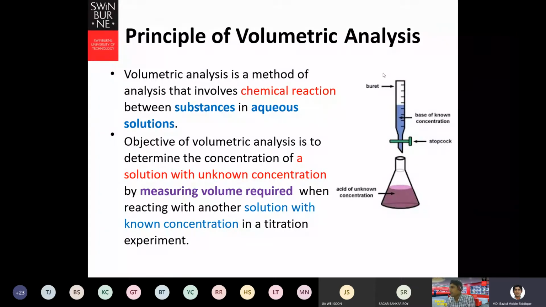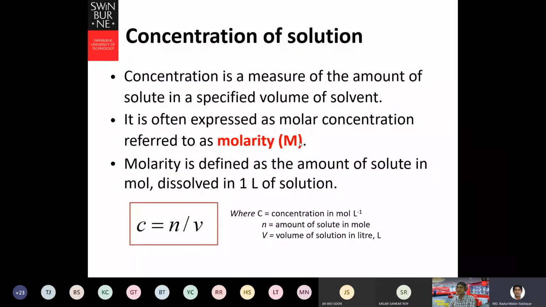So now we are going to the concentration of the solution. Concentration can be expressed in many ways: gram per liter, gram per volume, molarity, ppt, ppm.